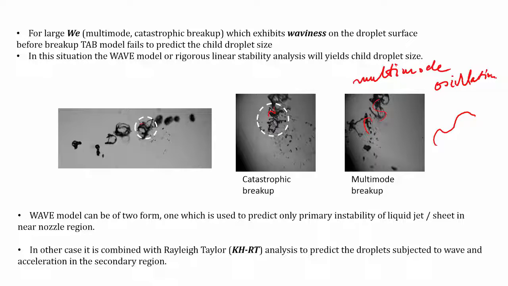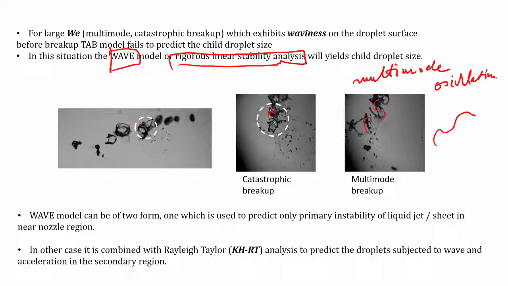In this situation, people normally use what we call the wave model. The wave model is basically a Kelvin-Helmholtz instability type of model, and it comes through linear stability analysis, and that is how we get to the KH instability.